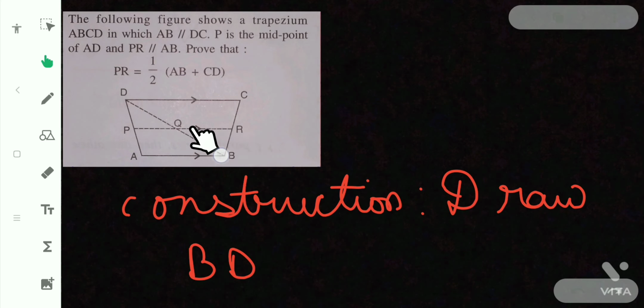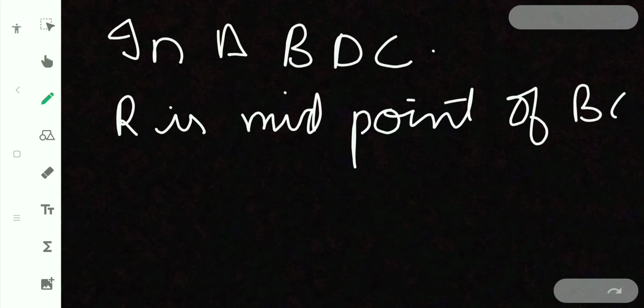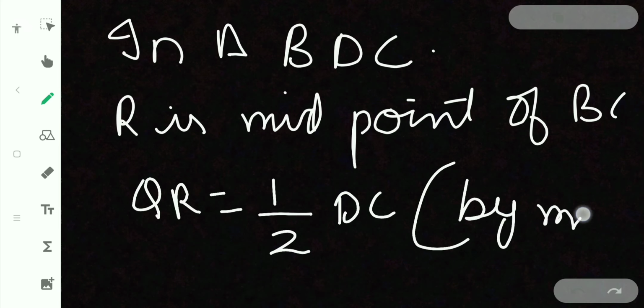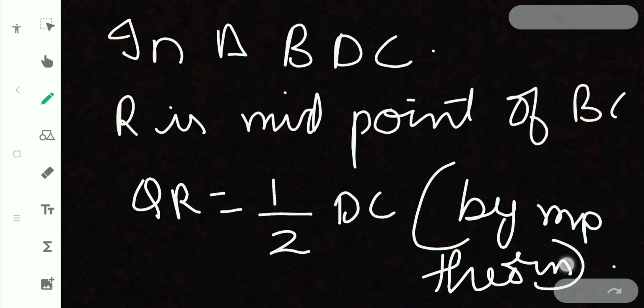So now a line joining two midpoints, we can say that by midpoint theorem QR is equal to half of DC. QR is equal to half of DC by midpoint theorem.